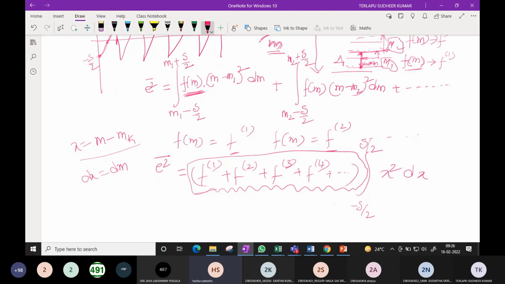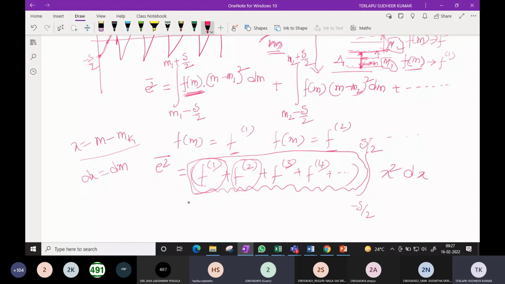I said f of 1 is the probability that the signal lies in the region delta 1. F of 2 is the probability that the signal lies in region 2 or delta 2.